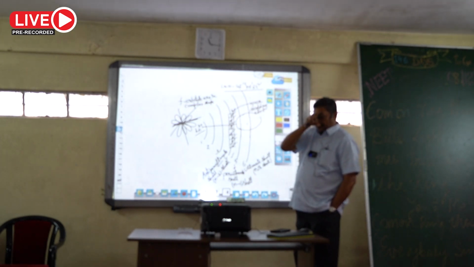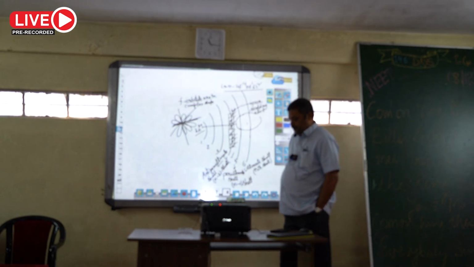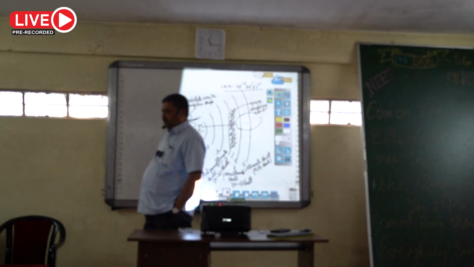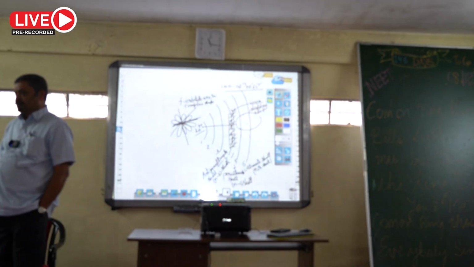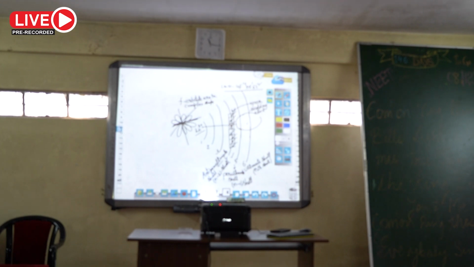So the reason we are giving: one f electron cannot shield the other f electron within the same subshell due to their peculiar shapes.